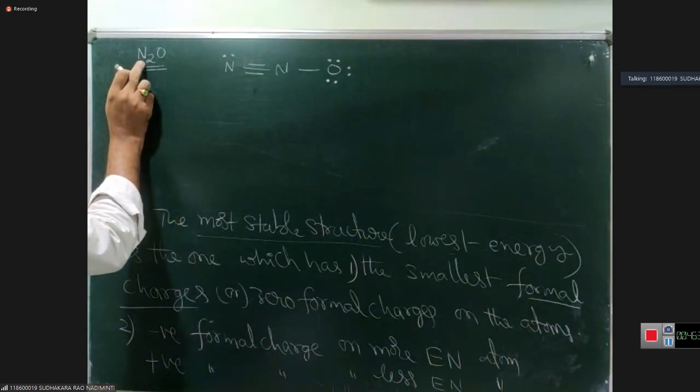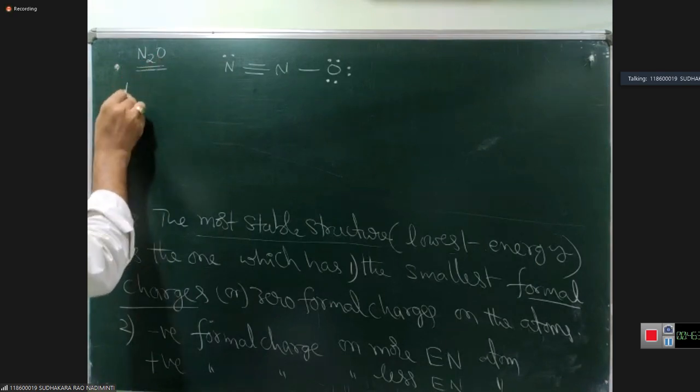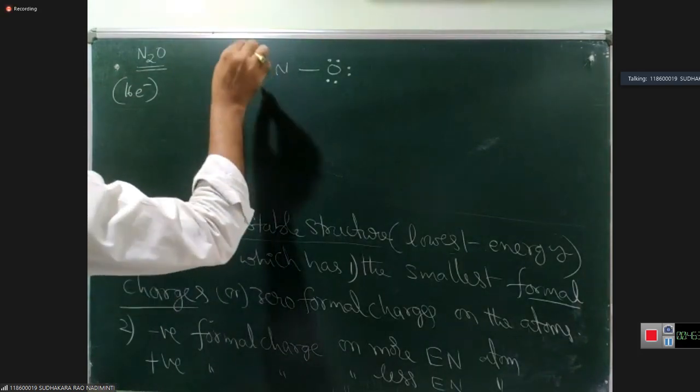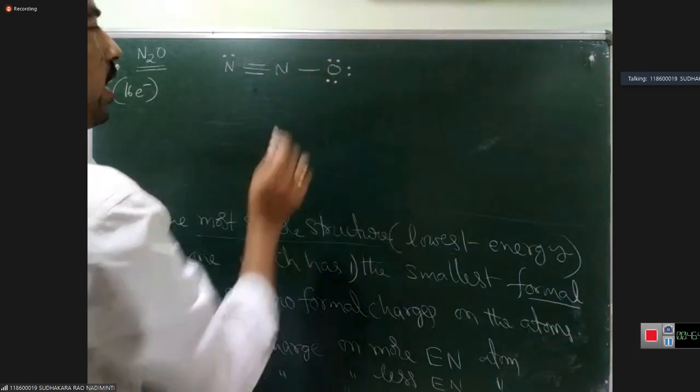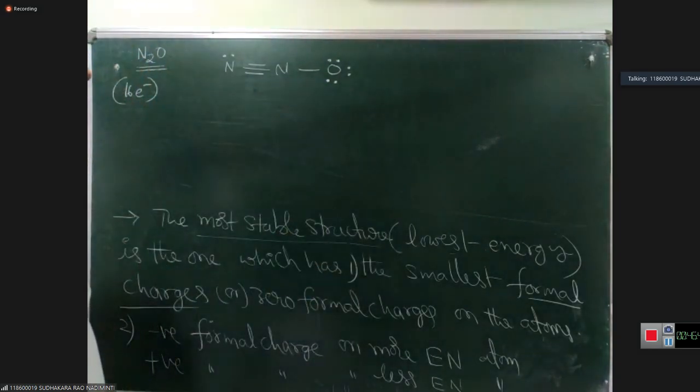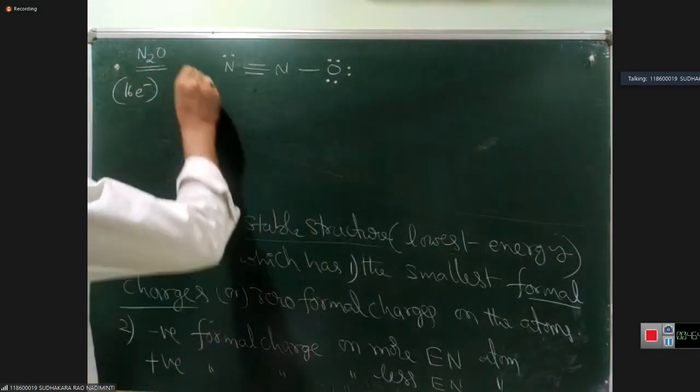5 twos are 10, 10 plus 6, 16 electrons. Total valence electrons 16. 1, 2, 3, 4, 5, 6, 7, 8; 8 twos are 16 electrons. This is one way of writing the Lewis dot structure.